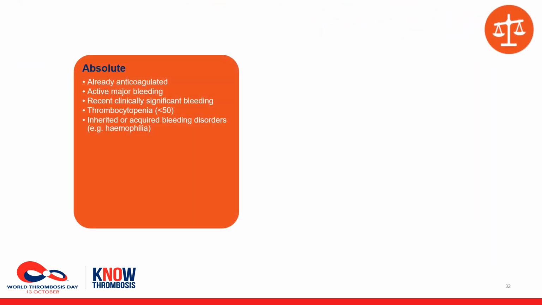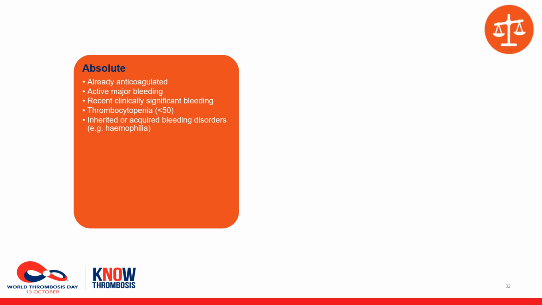So there's a couple of absolute contraindications where we certainly wouldn't want to provide prophylaxis. Number one, if the patient's already anticoagulated, they certainly don't need a prophylactic dose on top of a therapeutic dose. And the rest is all around bleeding.